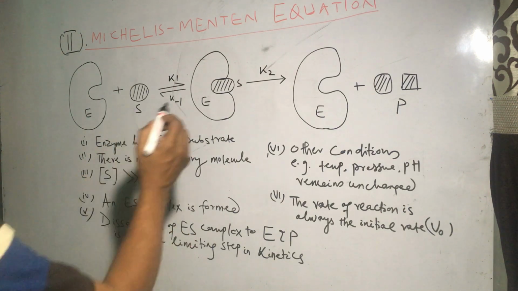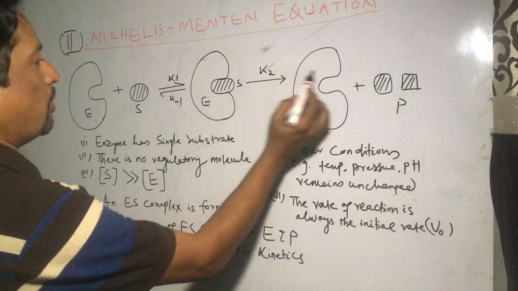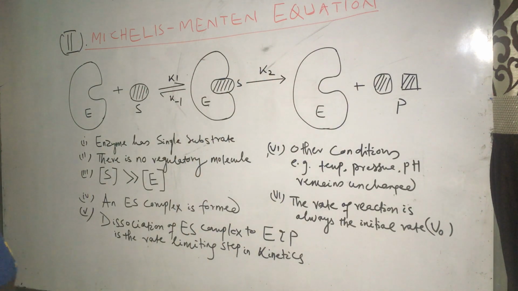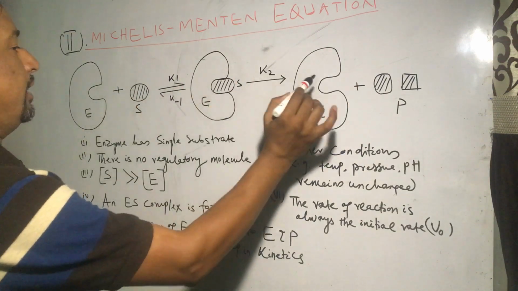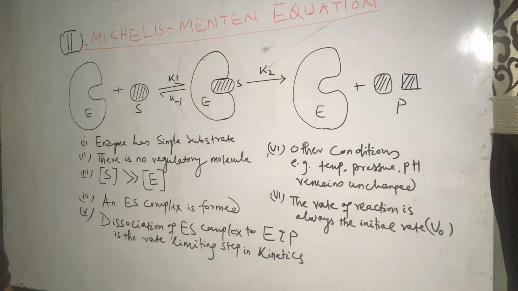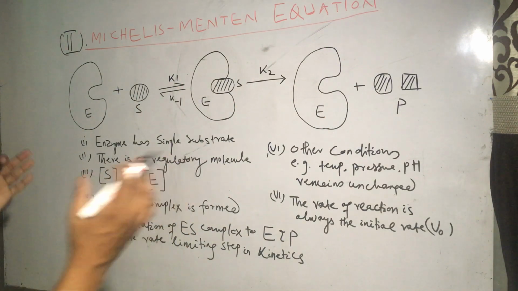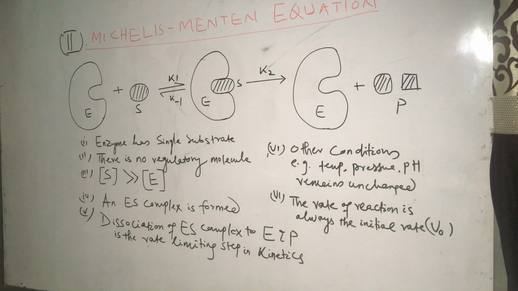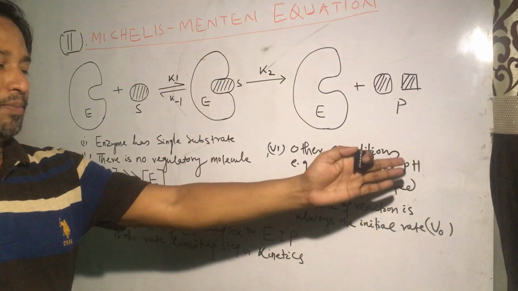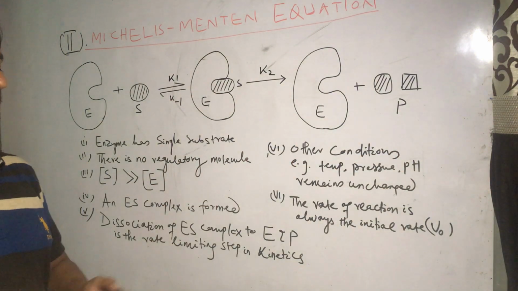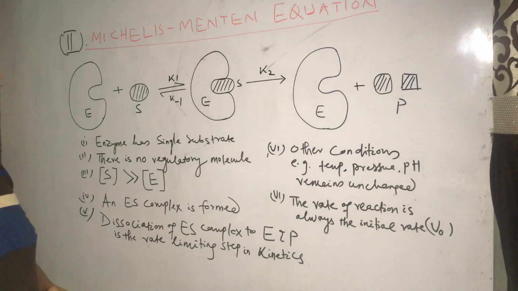And the dissociation of the enzyme-substrate complex to the enzyme and product is the rate-limiting step in determining the speed of the enzyme-catalyzed reaction. Other conditions such as temperature, pressure, and pH, which can affect the rate of reaction, remain unchanged.